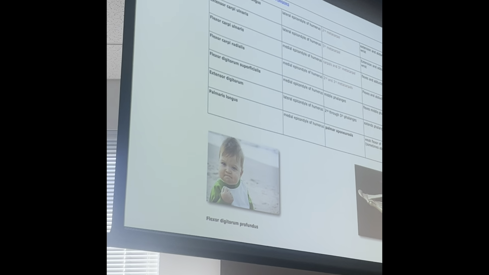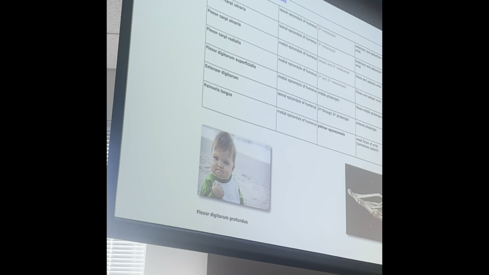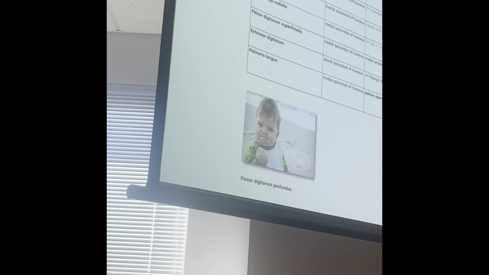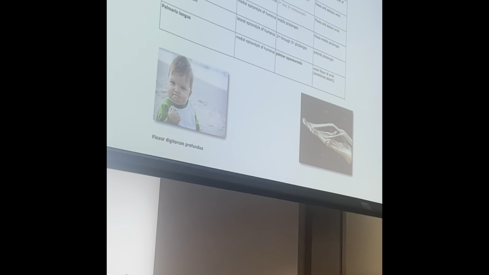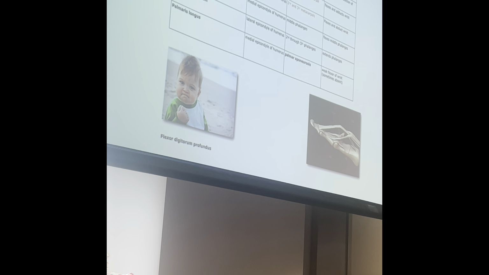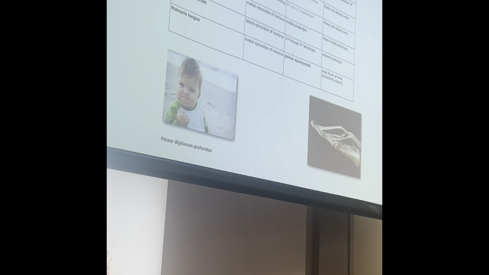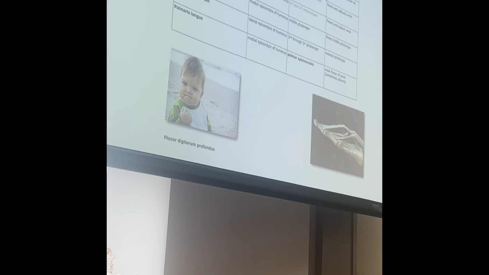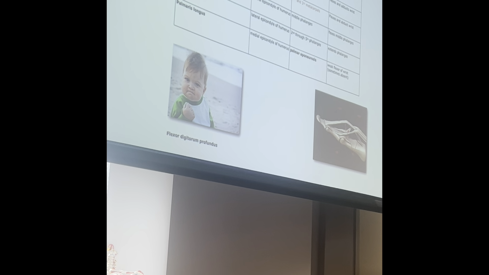All of these except one, or most of these, are going to be involved in the movement of the wrist, right? They're going to be a weak or strong flexor or extensor of the wrist. The only ones that move the fingers here are which two? Good.